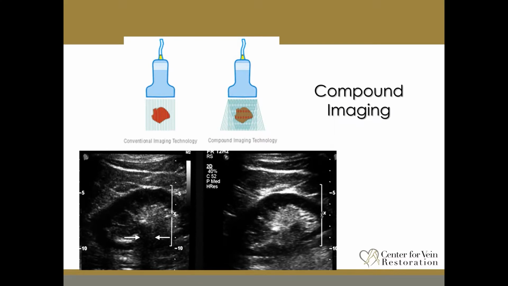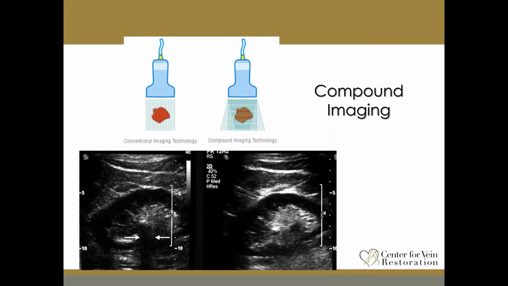Compound imaging electronically steers the ultrasound beam, gathering data from additional lines of sight and adding that information together, which is known as the compounding component. The image thus provides some of the deeper details as they relate to the calculi.